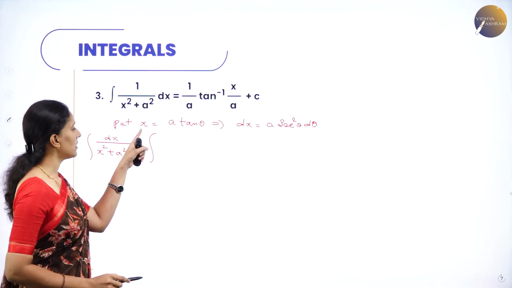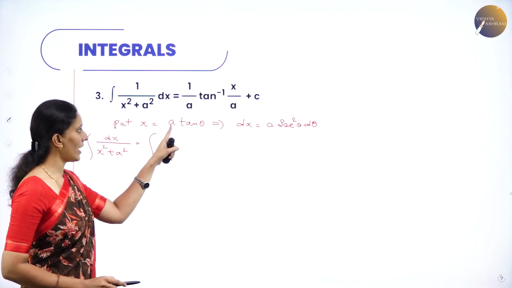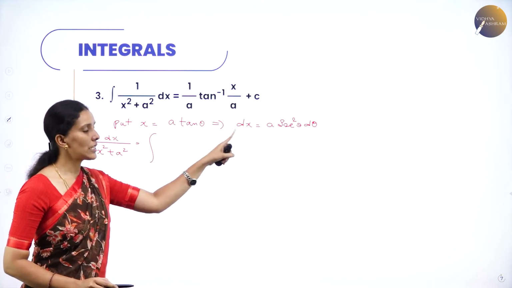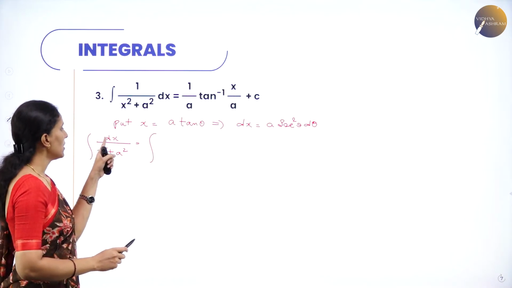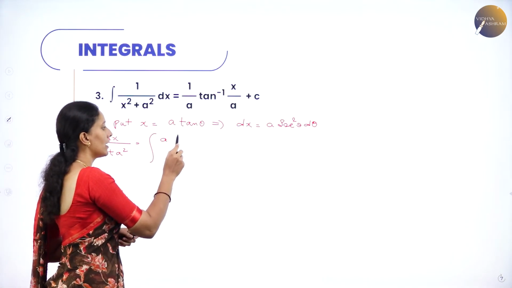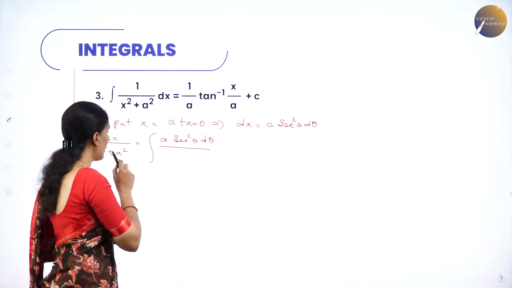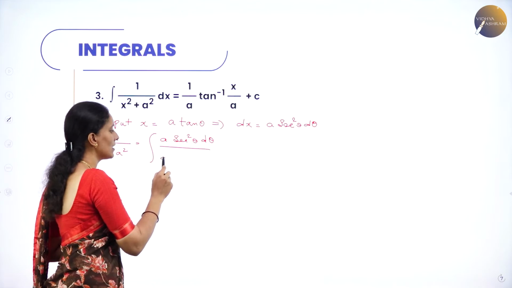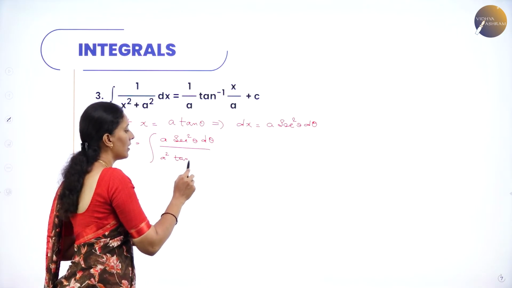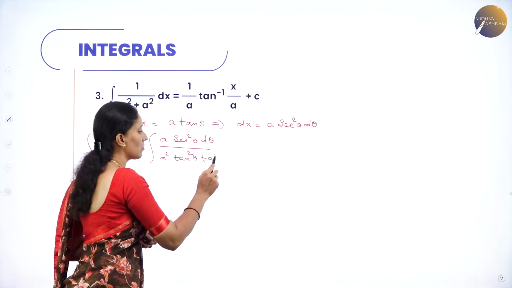When you differentiate a tan theta, you will get secant square theta into d theta. So dx can be rewritten as a into secant square theta d theta divided by, here, x square is a square tan square theta plus a square.